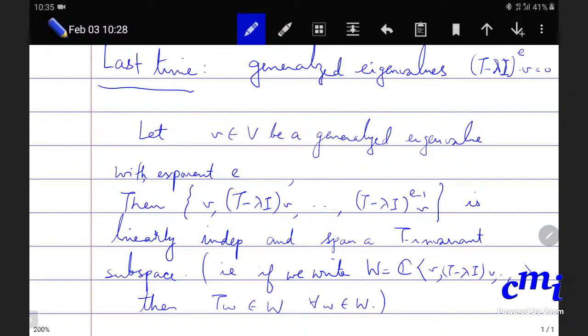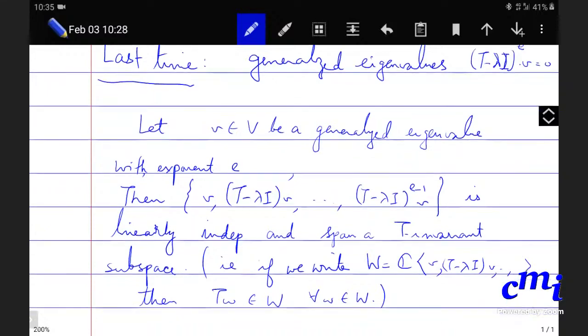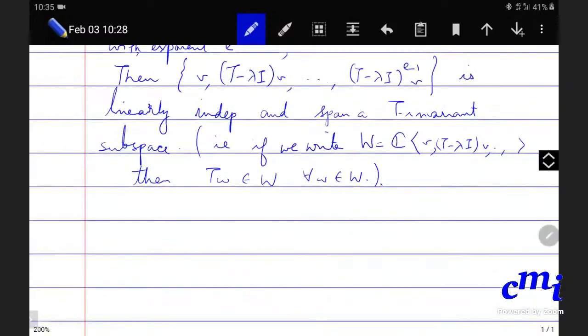So if you take vectors inside the subspace, applying T won't go outside. That's all it says. So this is where we stopped last time.